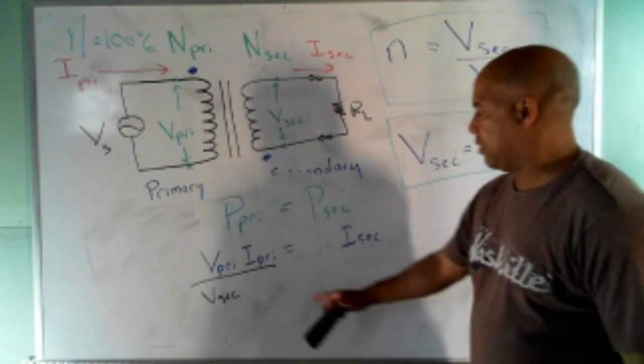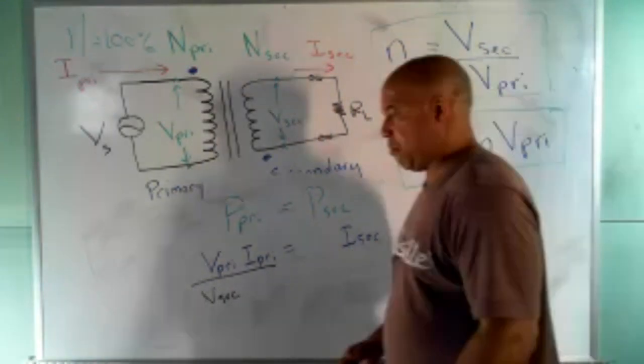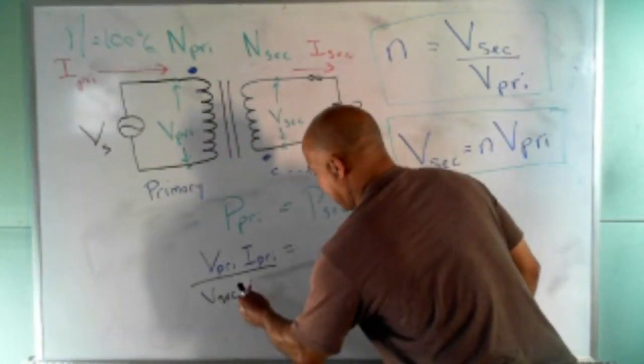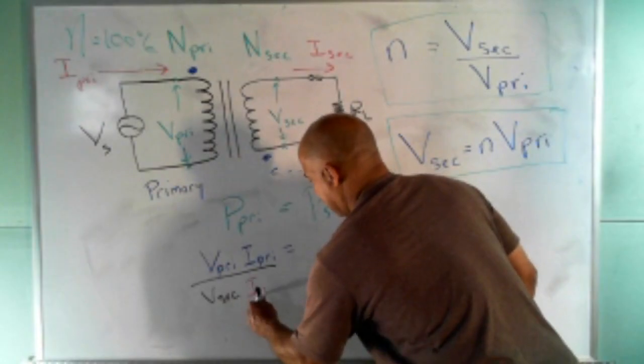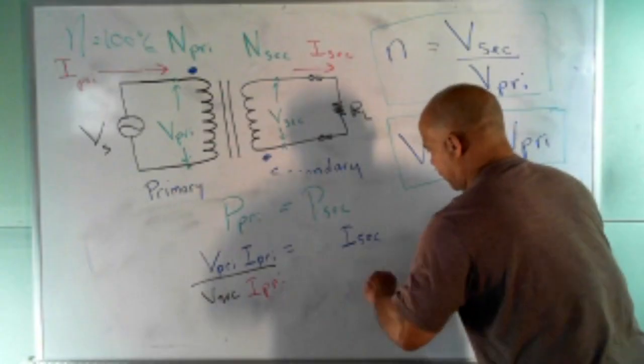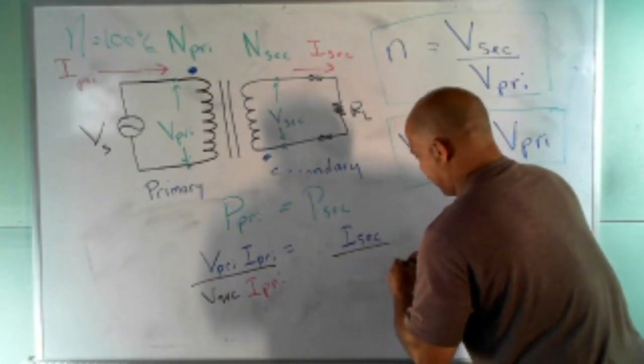And then I'm going to divide this side by I prime and this side by I prime.